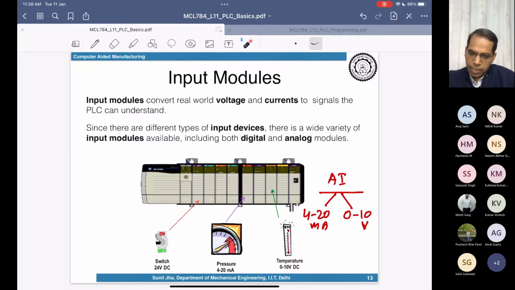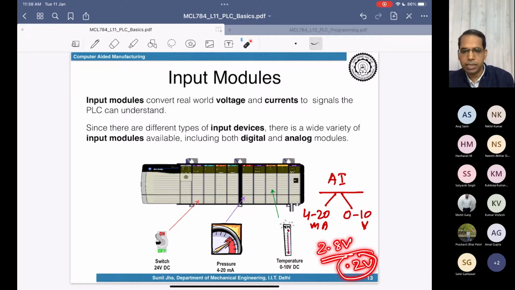So the sensor at the site may produce a 3-volt signal, but your controller may get 2.8 volts. That is the difference, because 0.2 volt is the drop in the wires connecting the sensor to the controller. It means the actual parameter varying near the sensor will have a different value than the controller understands.